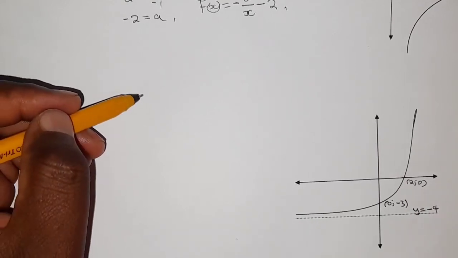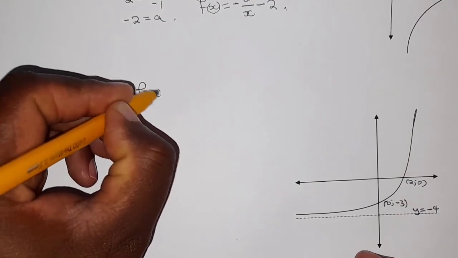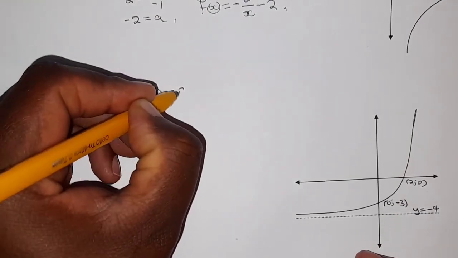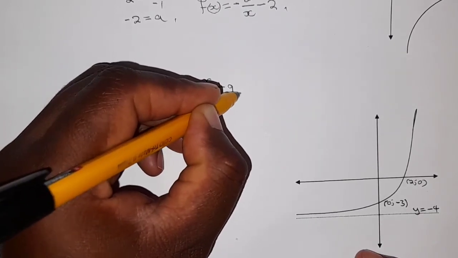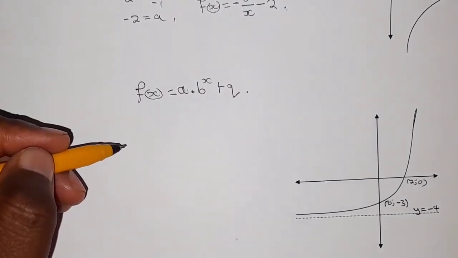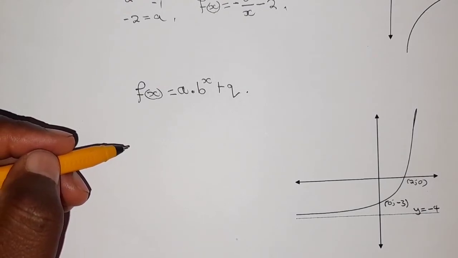Now, to determine the equation of this function, you need to know that f of x is equal to a times b to the power of x plus q.